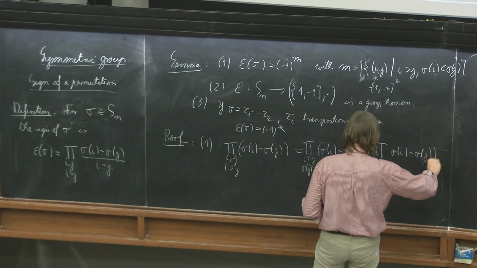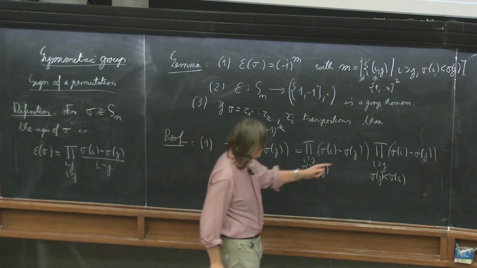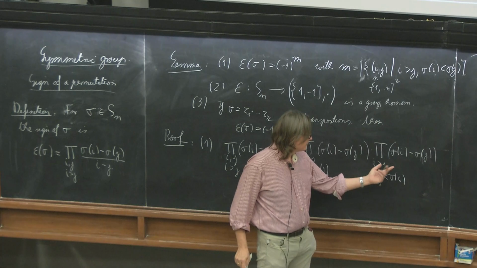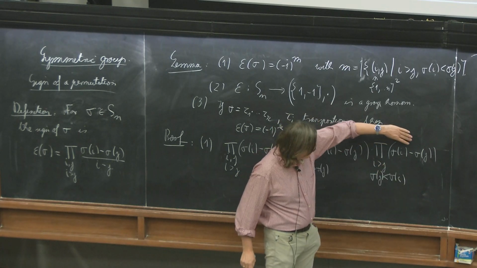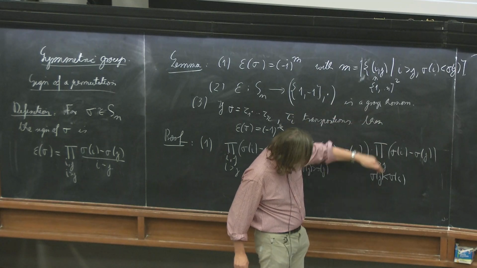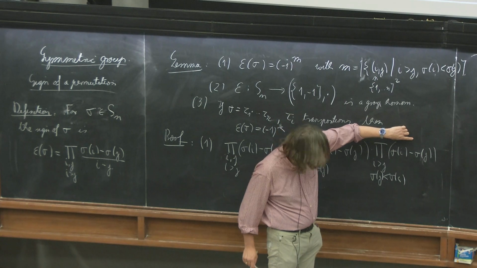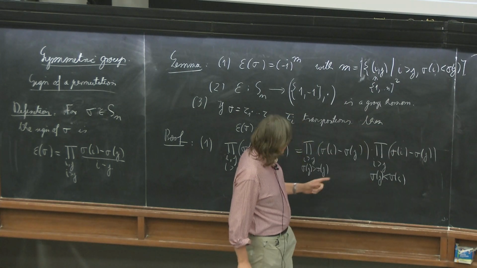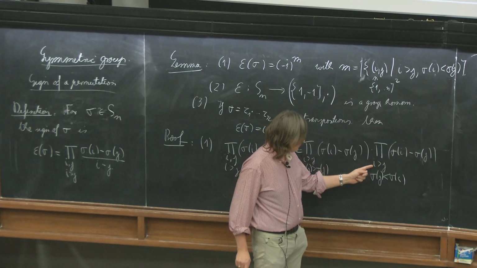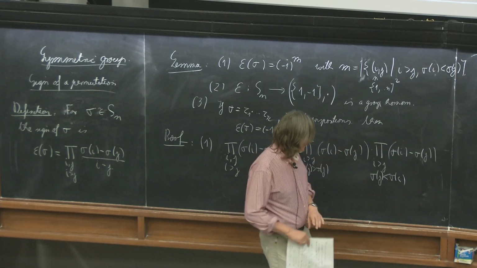So that's not very surprising. But now, if the order is like this, I can in each factor exchange the order. Each time I get a factor of minus 1. And now we have that i is smaller than j, but sigma(i) is bigger than sigma(j) after doing this.